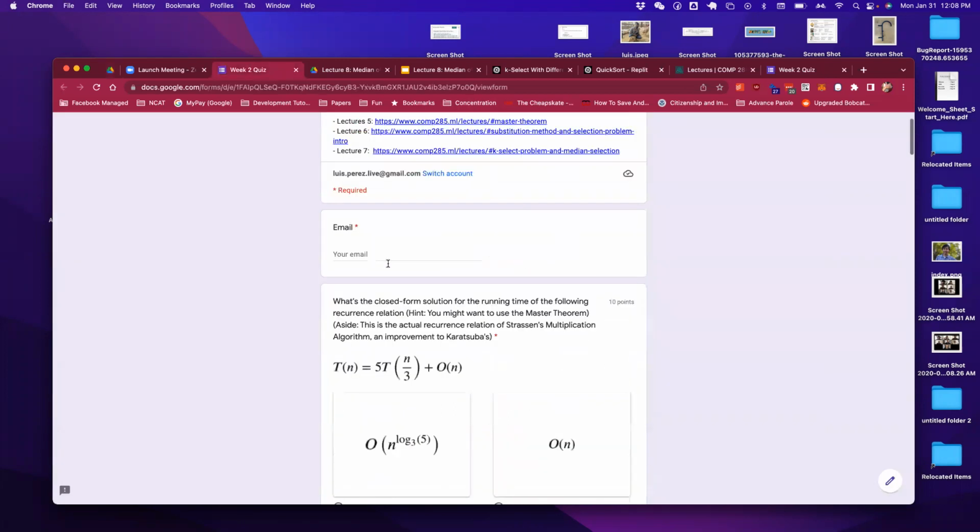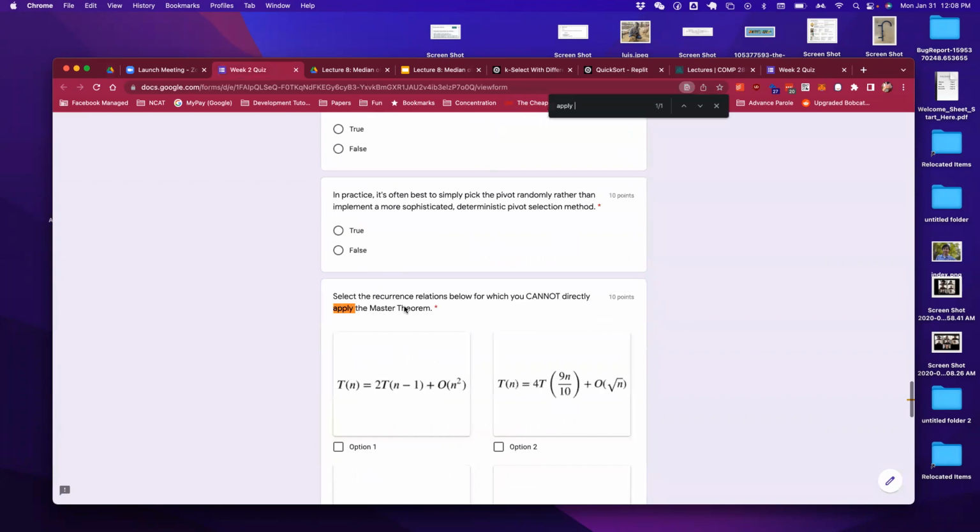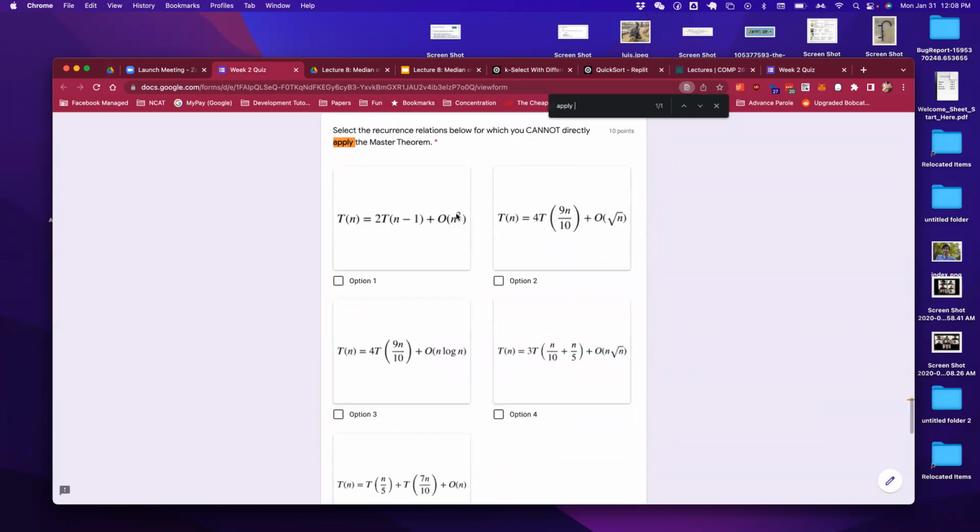So, week 2 quiz, there's this question asking which of these can you not apply master theorem on? The question was, why can I apply it for this one, but I cannot apply it for this one? So this one you can use master theorem, this one you cannot. Anybody want to maybe explain why?